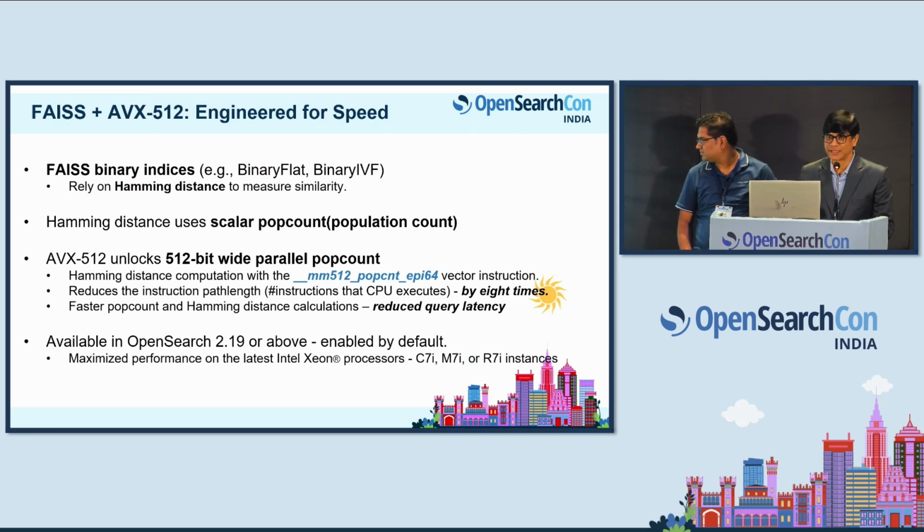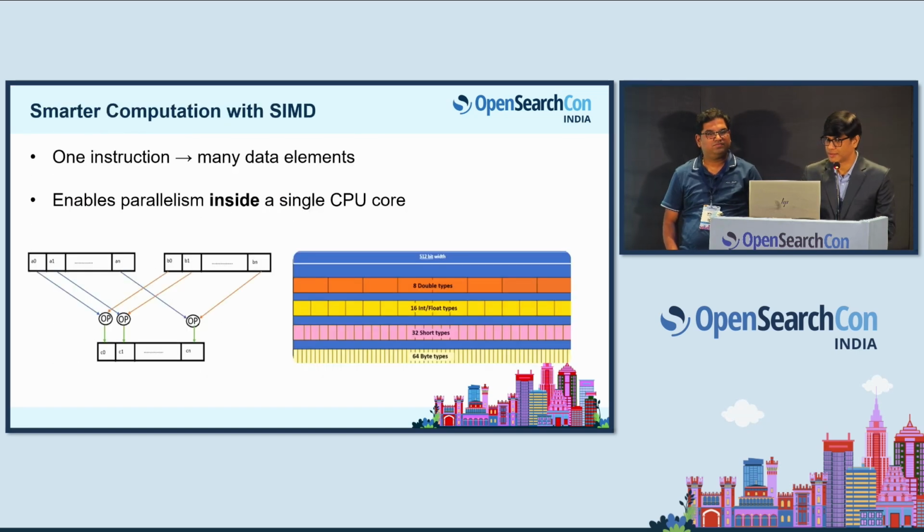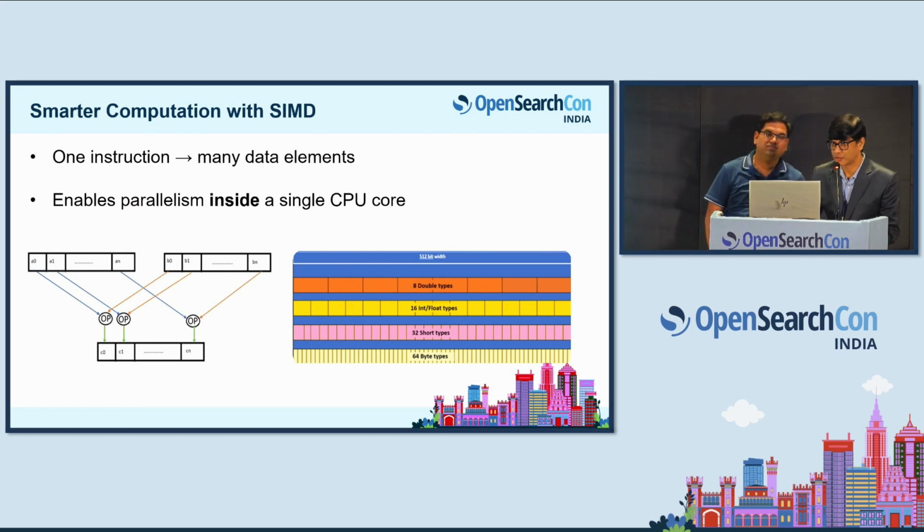This is a bit different from that. Here we are talking about a similar instruction, like this one on the left side. You have two arrays, array A and array B, and you have the same operation to execute on those elements.